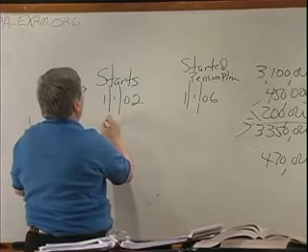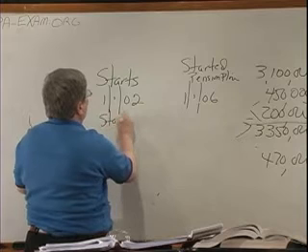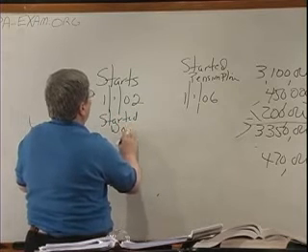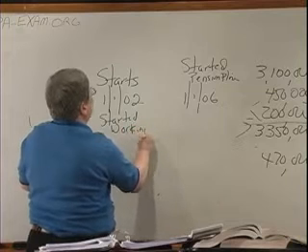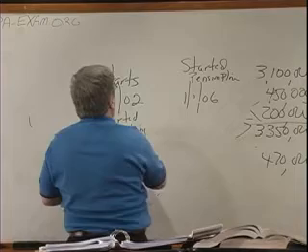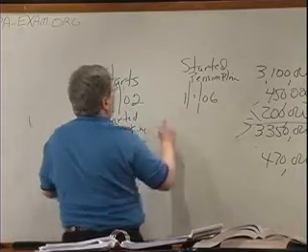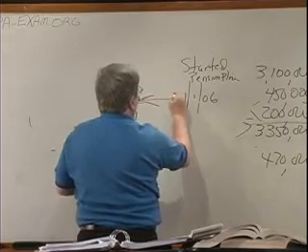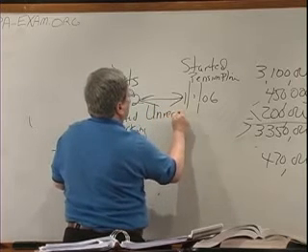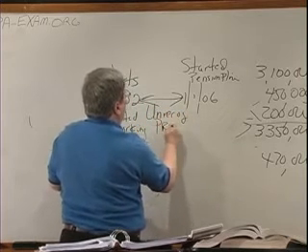They started working on 1/1/02. So if we give them credit towards their pension benefits for these 4 years, that is called an unrecognized prior service cost.